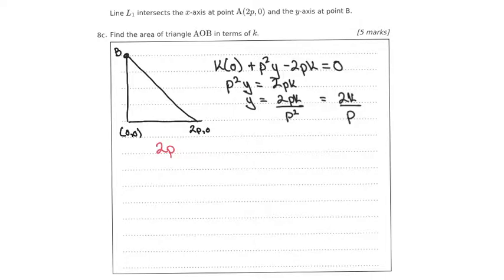We know the height of our triangle is 2k over p. So we can find the area. So the area is equal to a half times 2k over p times 2p. Well, that cancels with that. That cancels with that. So the area of our triangle is equal to 2k.